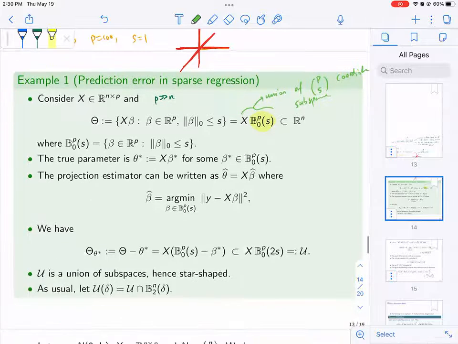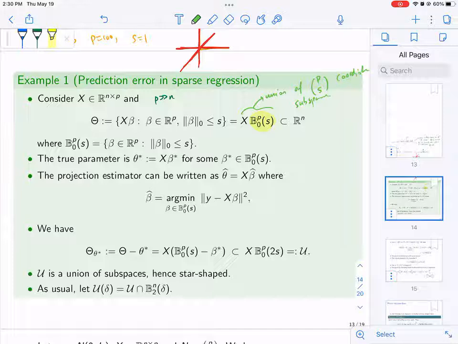Let's say the true parameter belongs to this theta, so theta star is x beta star for some s-sparse beta star. Then we can try to use our projection estimator. Projecting onto this is equivalent to finding a vector x beta where beta is in there. You solve this, get beta hat, and your estimator would be x beta hat, right?